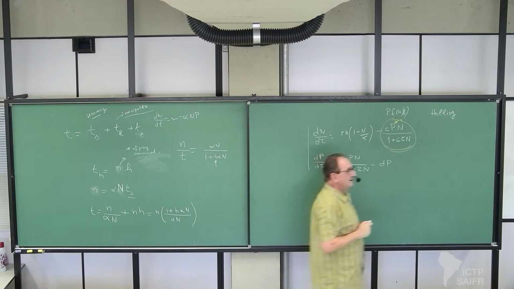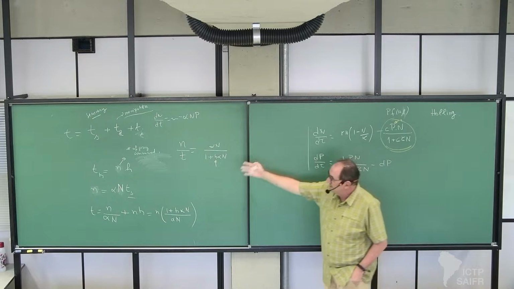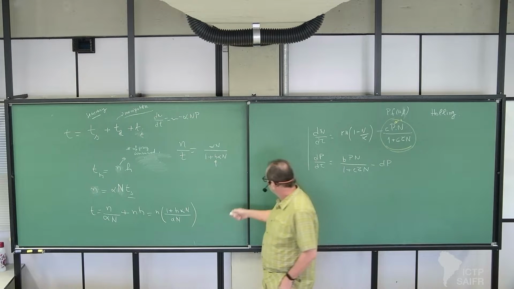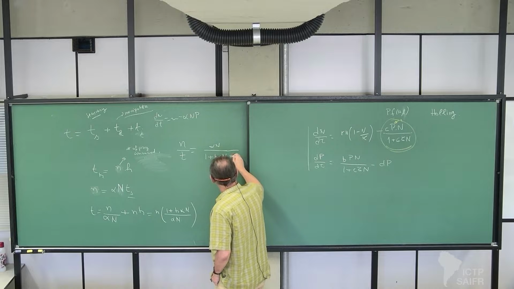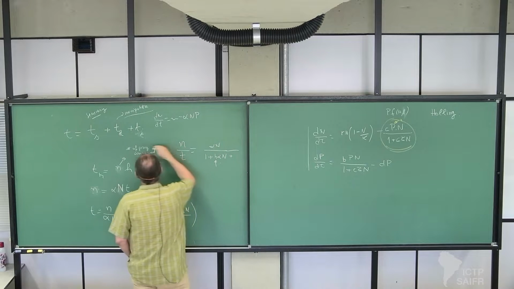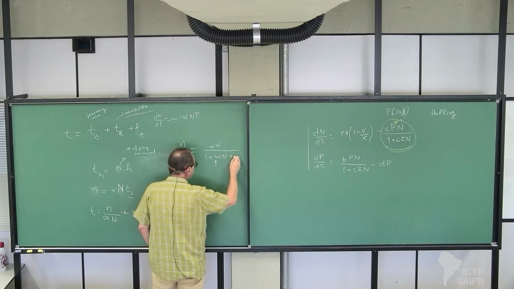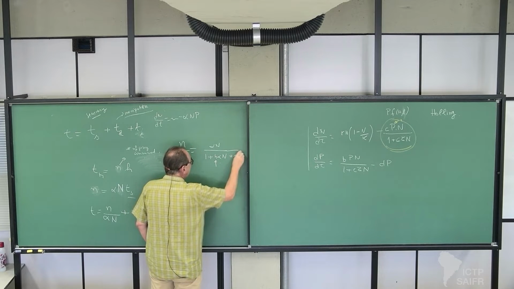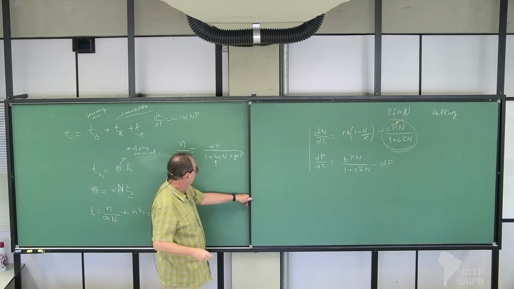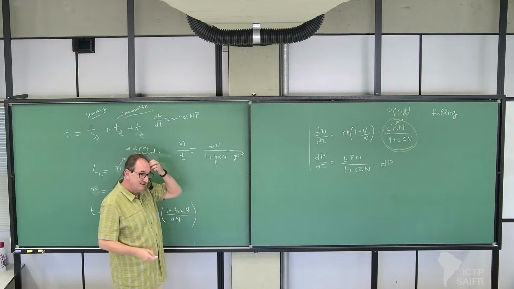You could have this, and then do similar reasoning, and you would have something like this, plus some new time, G alpha P. You would get this. This is a new functional response.